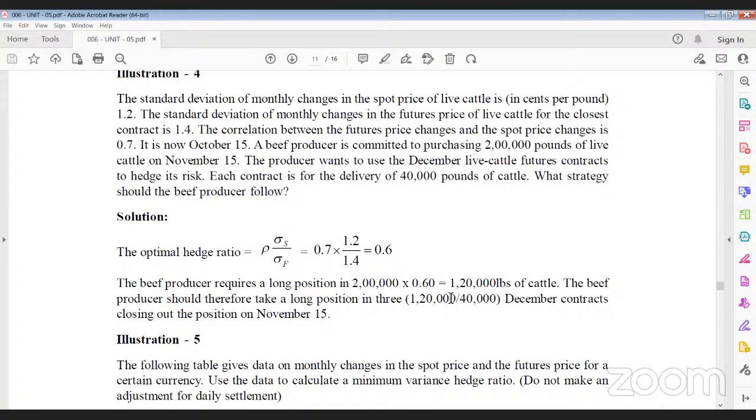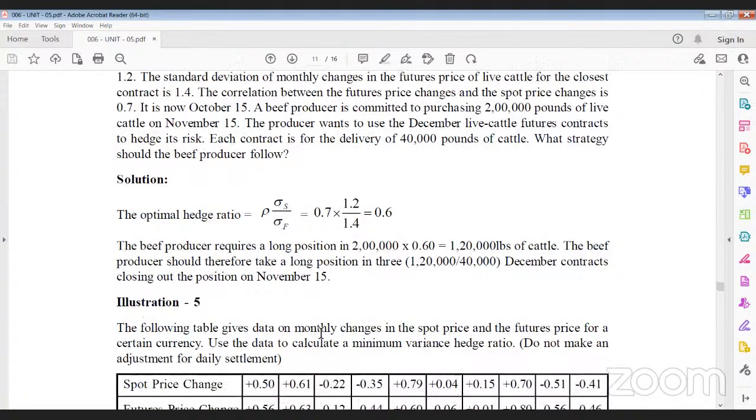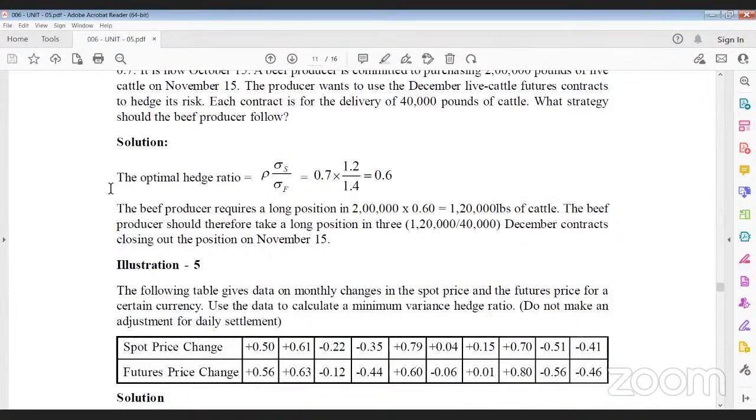The beef producer should therefore take a long position of 1,20,000 divided by 40,000, closing out the position on November 15. So this is how you use the optimal hedge ratio formula. Find out the ratio, and with the help of the ratio, you can find out the long position as on that date and conclude your working.